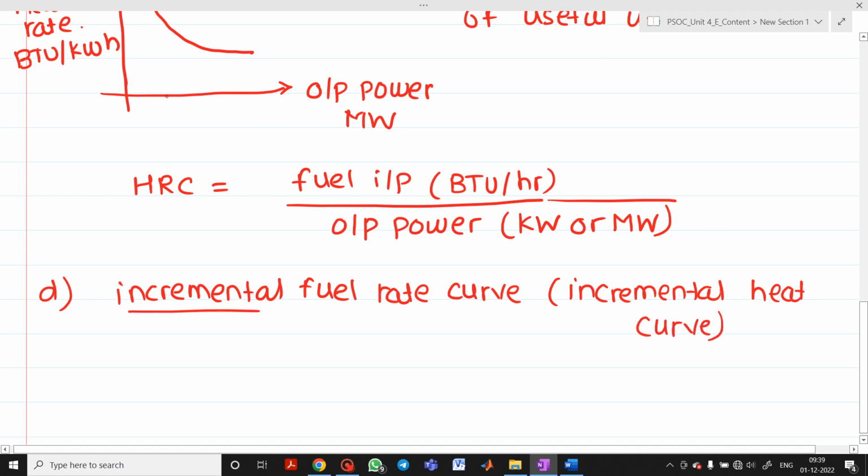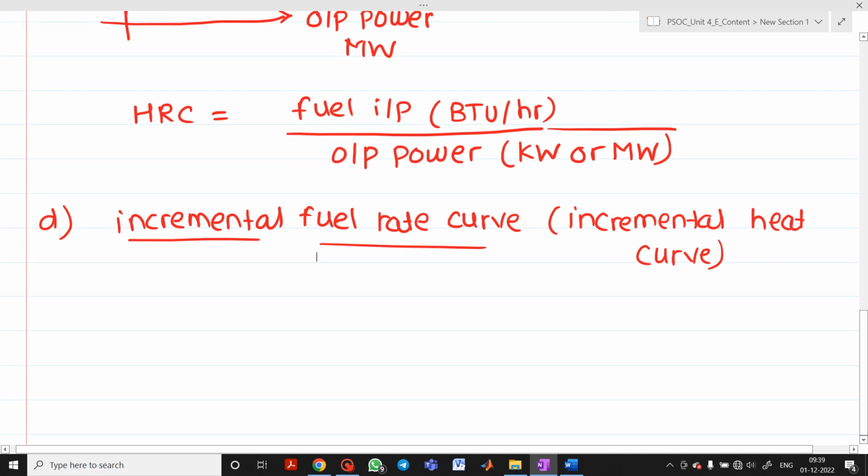So what is this incremental fuel rate curve? Now the incremental fuel rate is equal to a small change in the input divided by the corresponding change in the output. So how can I define this?